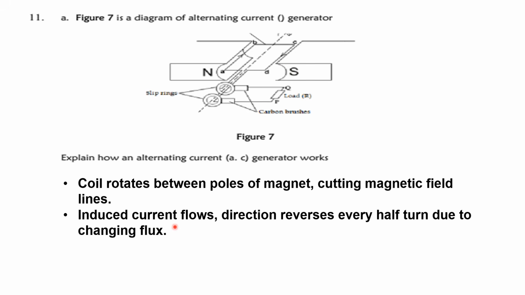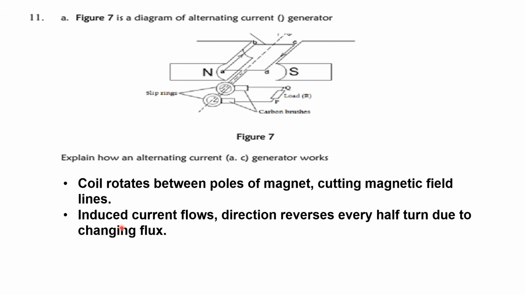So induced current flows, and the direction reverses every half turn, due to the changing magnetic flux. When this goes up, this goes down, and so on.